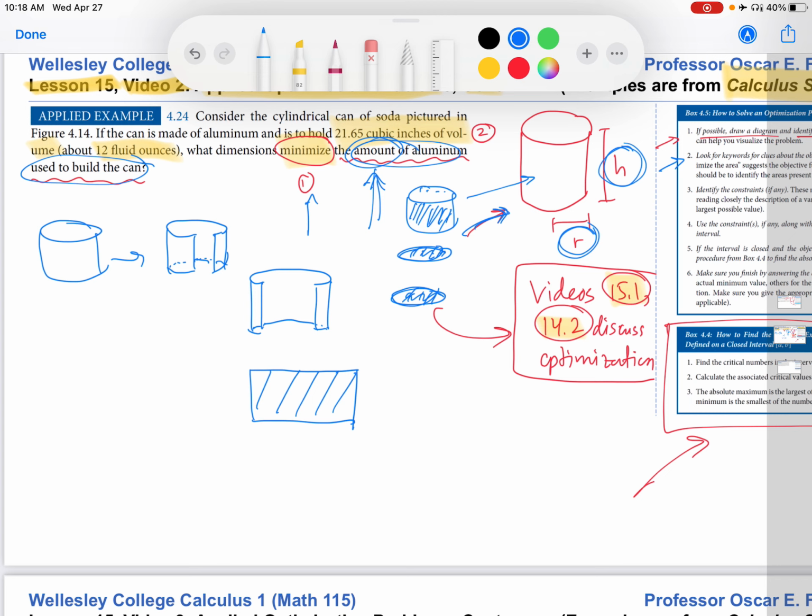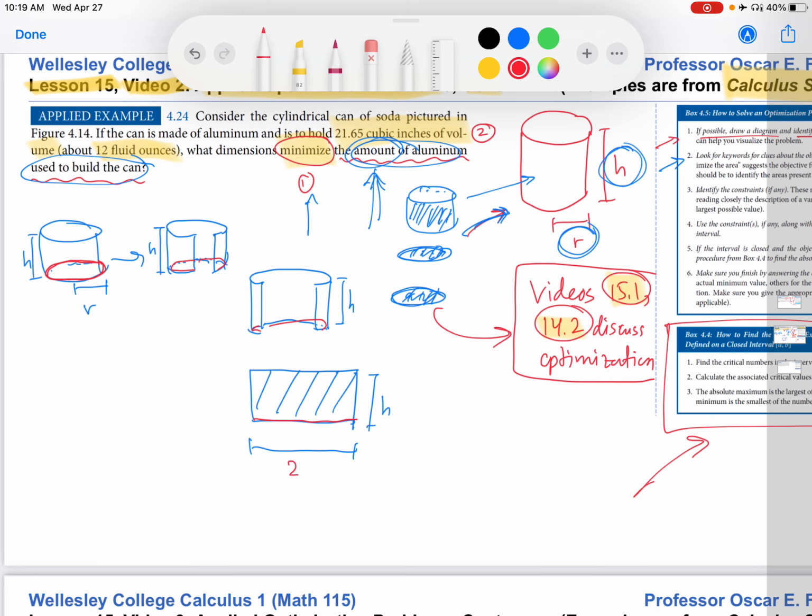Well, remember that we said that the radius here is r and the height is h, right? The height continues to be h. But now what is this distance? Well, this distance came from the distance all the way around the bottom. So in other words, that distance is the circumference of the cylinder.